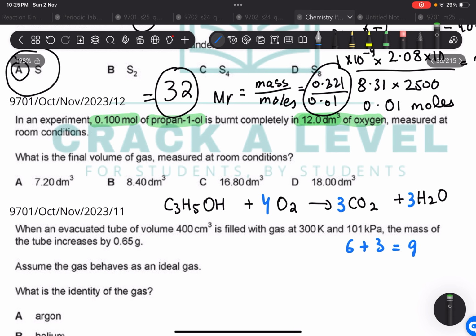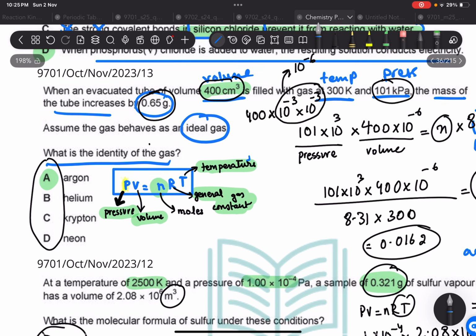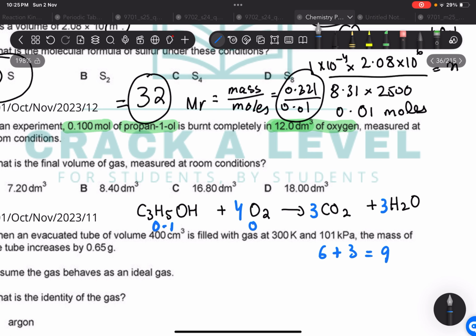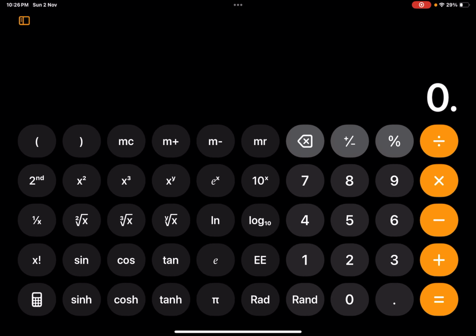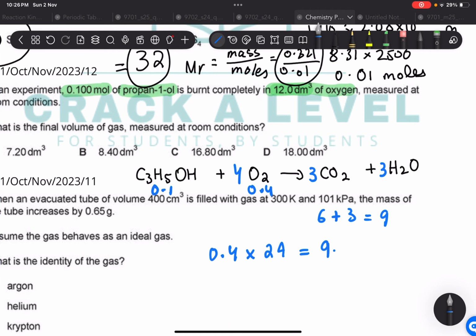So first, we know that for 1 mole of propanol, we need 4 moles of oxygen. So for 0.1 mole of propanol, how many moles of oxygen do I require? I need 0.4 moles of oxygen. And the volume of 0.4 moles of oxygen is going to be 0.4 multiplied by 24, and this gives me 9.6 dm cube.